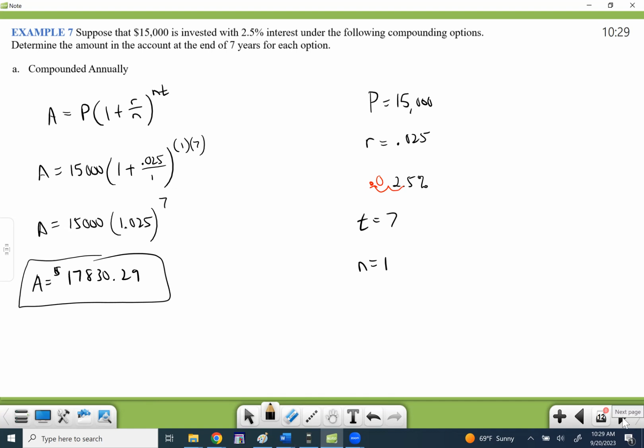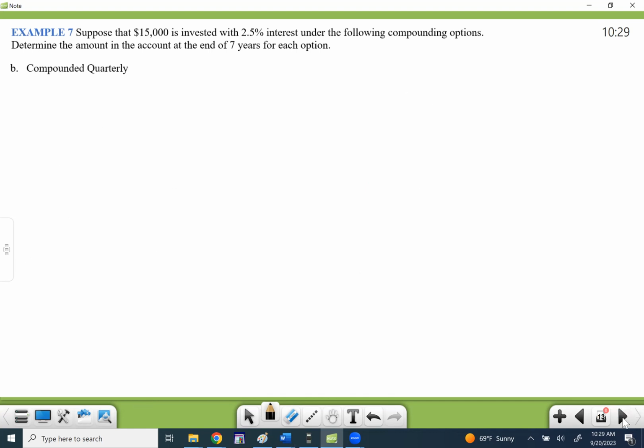All right, let's try this again. Nothing has changed, same scenario. But now we're going to compound quarterly. So instead of n equaling 1, because we only did it annually, quarterly means we're going to do it 4 times per year. So n would be 4. Everything else stays the same on our formula.